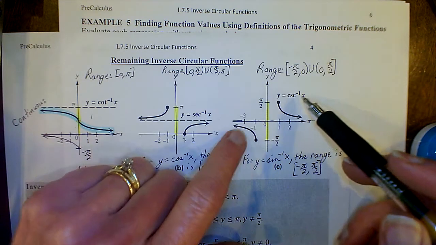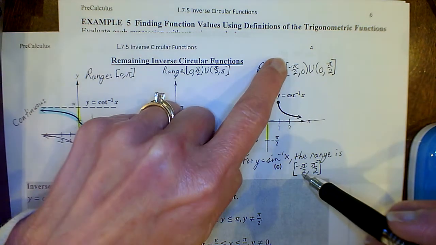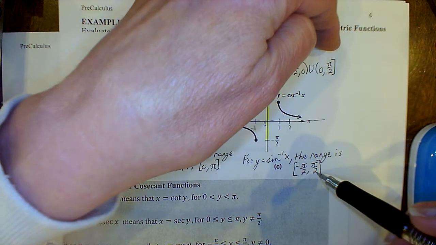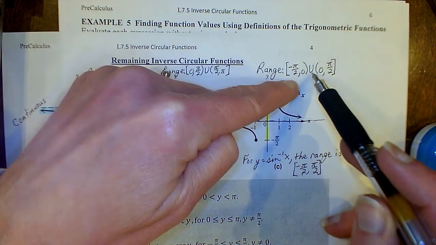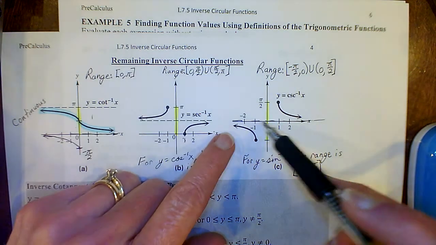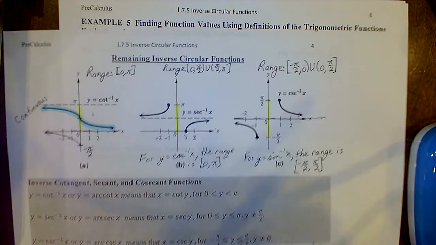Same thing happened over at cosecant. They both begin at negative pi over 2 and end at pi over 2. In the case of the inverse cosecant, we have to pick up our pencil at 0 because there's an asymptote in there, but otherwise they have the same ending values.